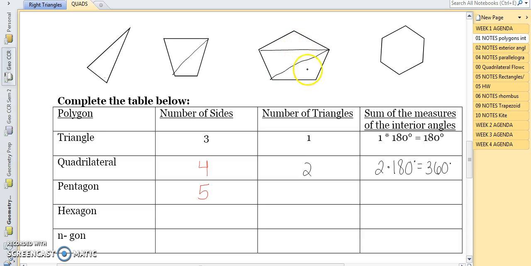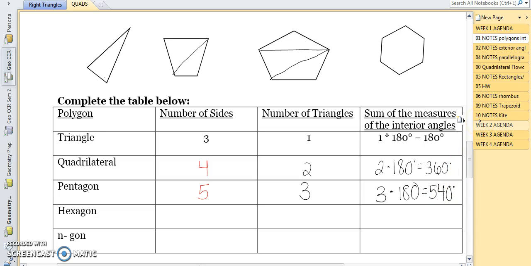So right now we have 3 complete triangles within this pentagon. We're going to take 3 and multiply it by 180 degrees. When we multiply 3 and 180 degrees, we will get 540 degrees.